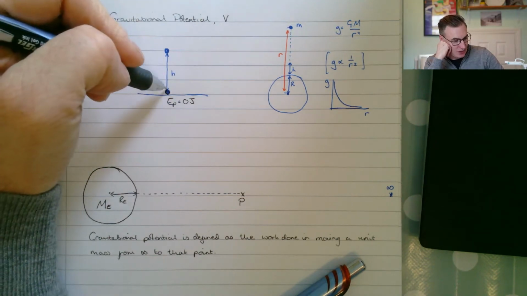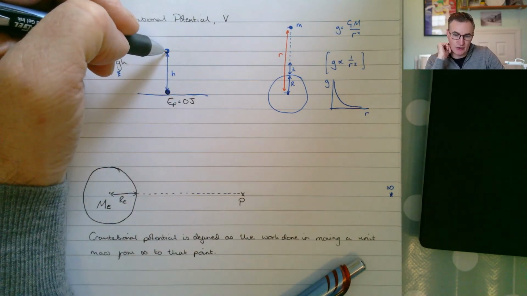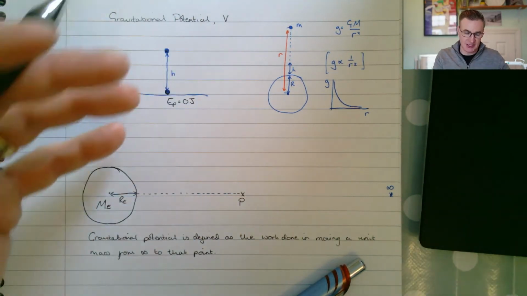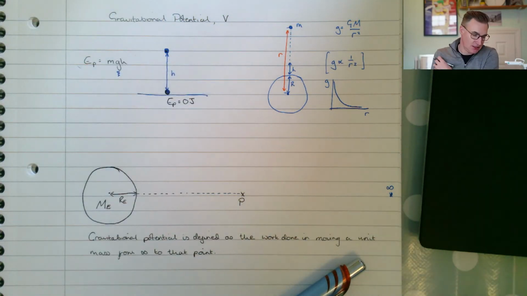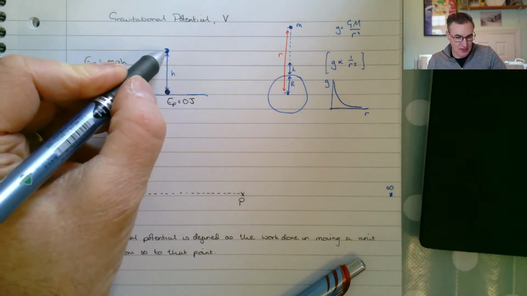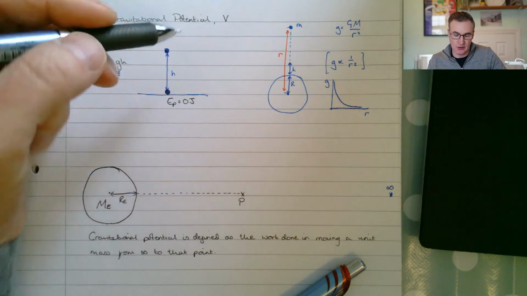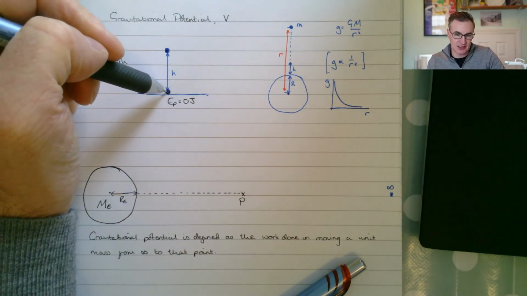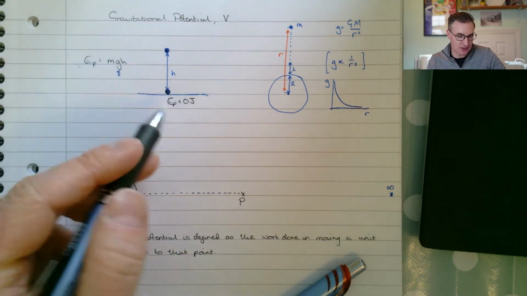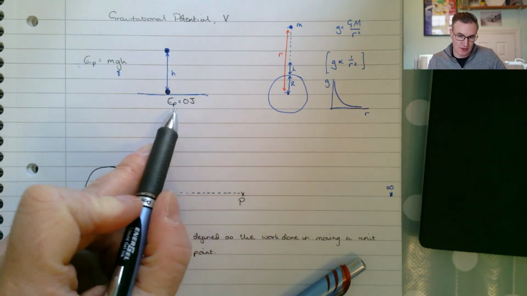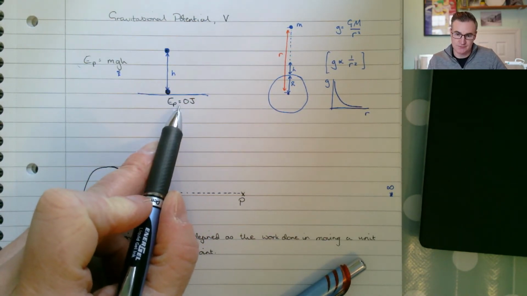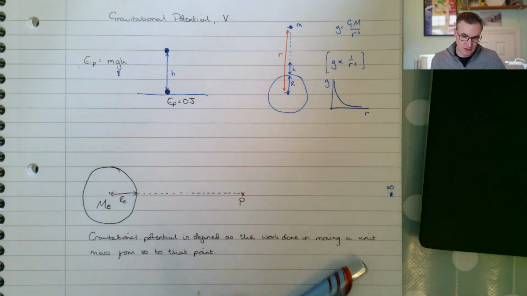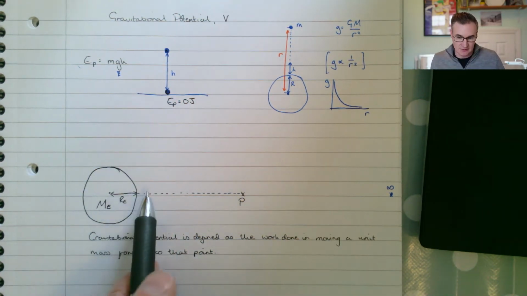And if we raised up a mass, then we're obviously going to put energy into that object, and when it's held up here, it's going to store the energy, and when we release that object, that energy is then converted into kinetic energy, so that by the time it got back to its grounded reference point, the EP would be 0 joules. But there's a really crucial and fundamental difference here.